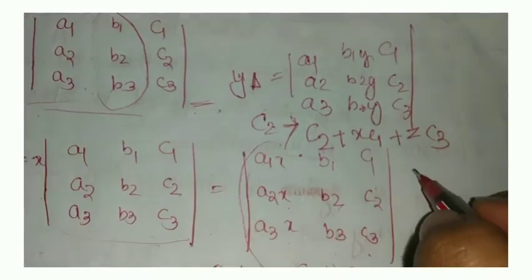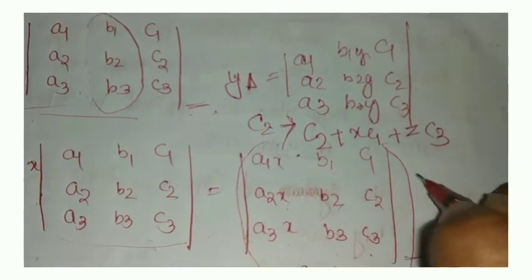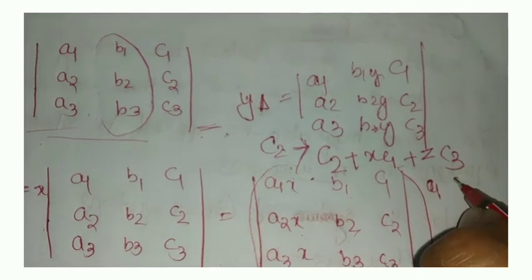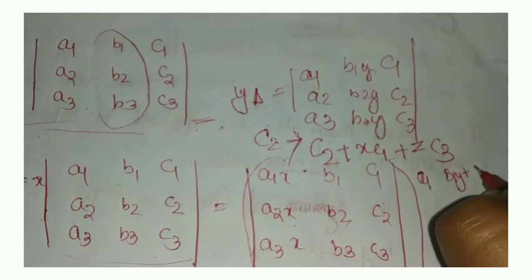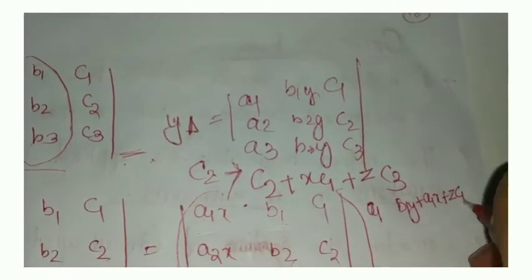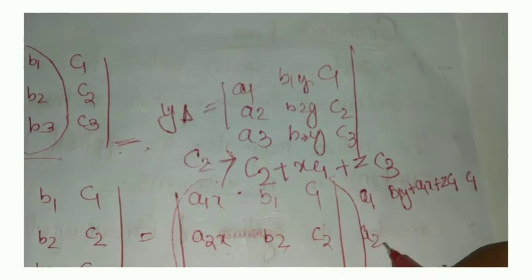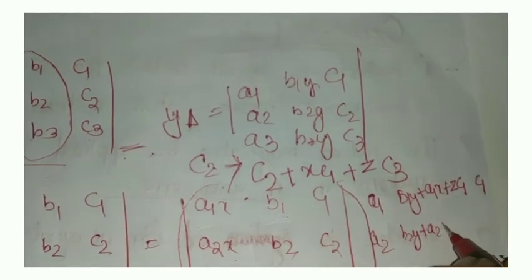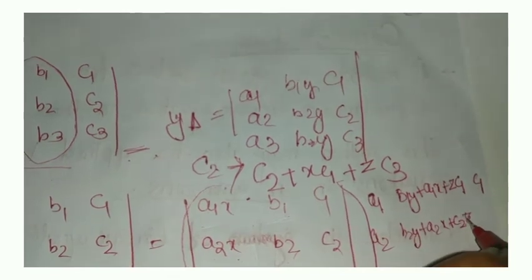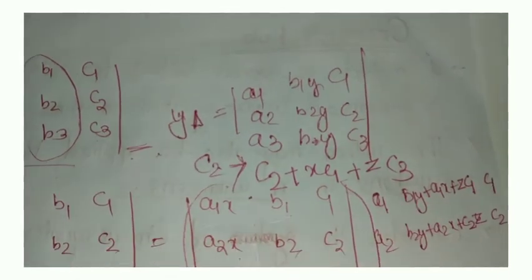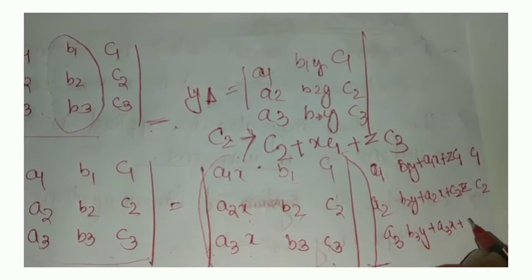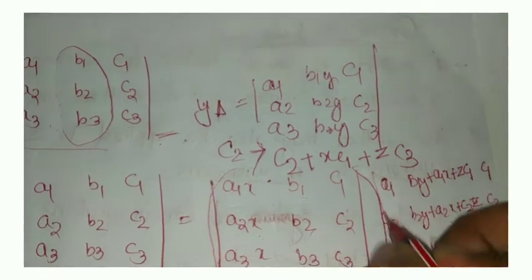We get the determinant a1, b1y plus a1x plus zc1, c1 and a2, b2y plus a2x plus c2z, c2 and a3, b3y plus a3x plus c3z, and c3, this determinant.